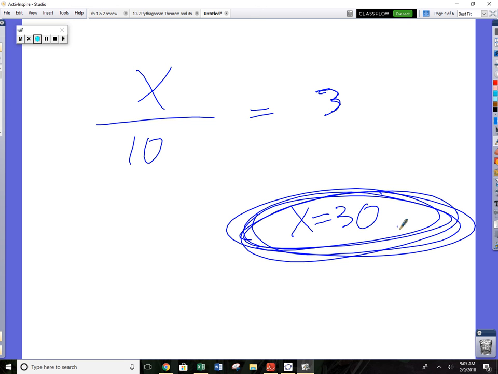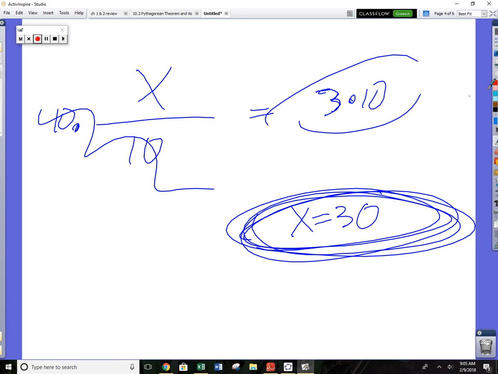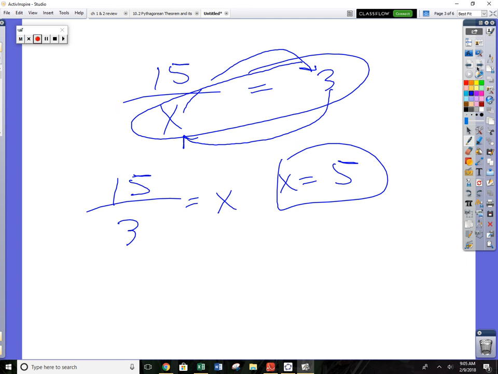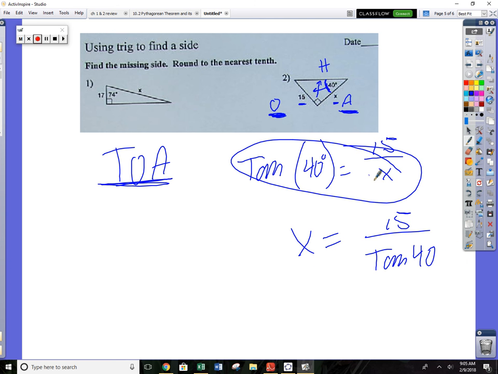How did you know it's 30? Because you times 10 by 3. So if x is on top, that's actually pretty easy. You need to inverse the divide 10. So you just times this by 10, you times this by 10. So when x is on top, all you do is undo the divide, times both sides by that, and that's what you get.